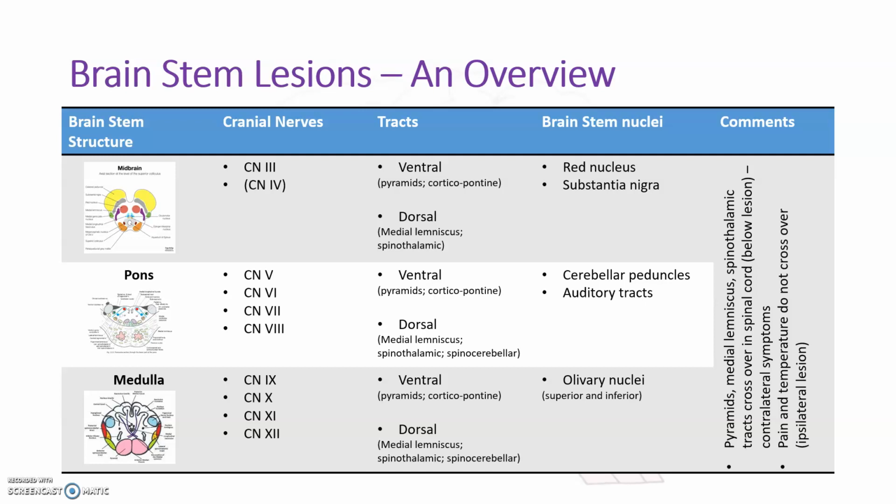So the pyramids, medial lemnisci, and spinothalamic tracts cross over in the spinal cord, which would be below the brainstem, and therefore symptoms affecting these tracts will be contralateral because they cross over after they pass through the brainstem, whereas pain and temperature sensation do not cross over, and therefore symptoms affecting these tracts will be ipsilateral.